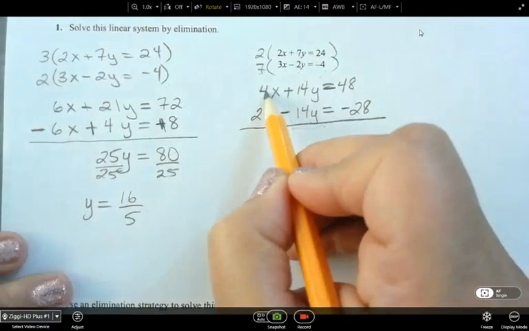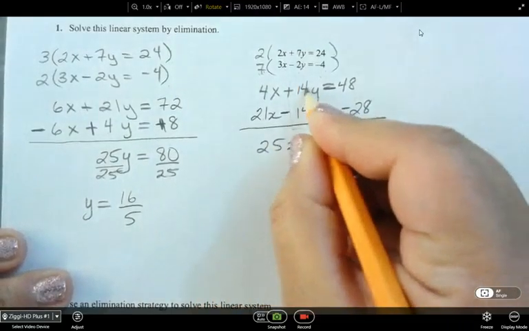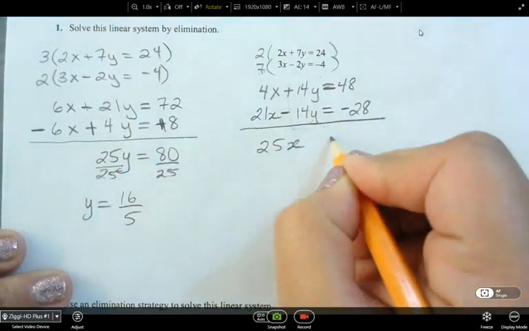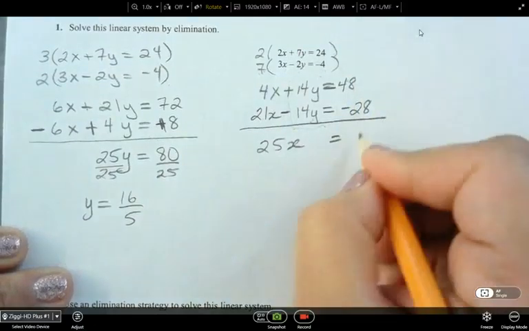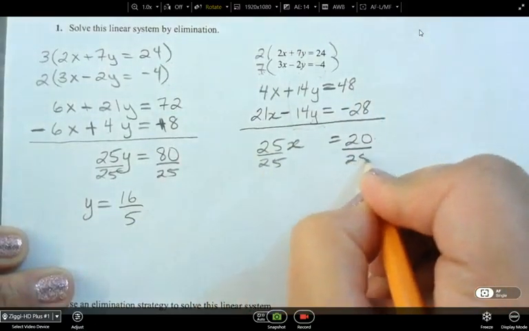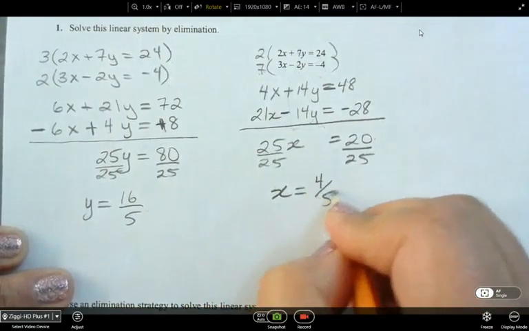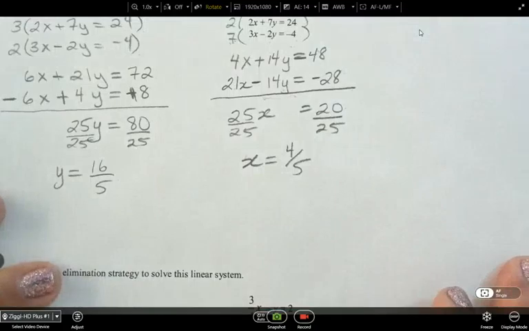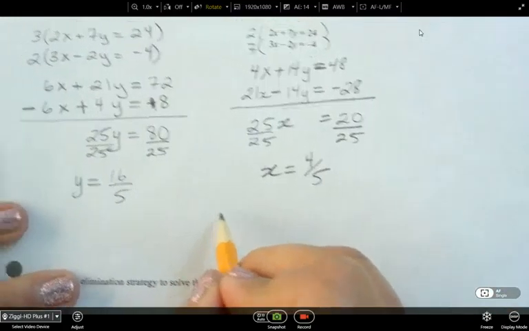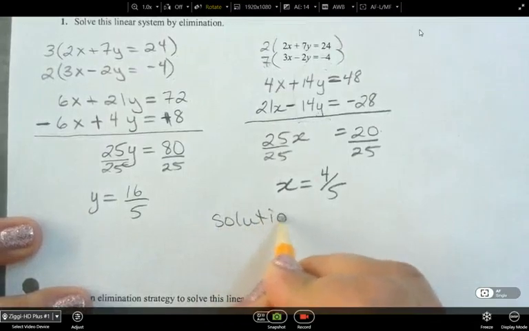So what's 4 and 21? So I have 25x, that's 0y, and then that equals 20. Okay, divide both sides by 25. X is equal to 4 over 5. So what is the solution to this system now?